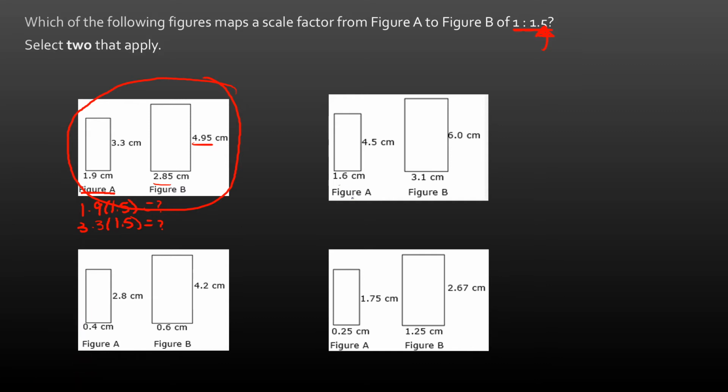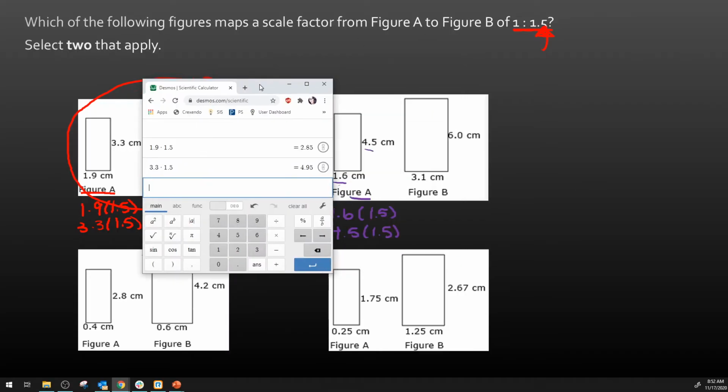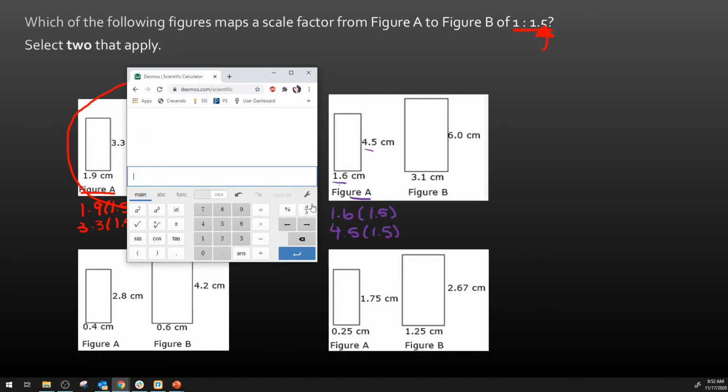So on the next one for figure A, I have this 1.6 and 4.5. So 1.6 times 1.5, 4.5 times 1.5. And bring back our calculator. So I have 1.6 times 1.5, 4.5 times 1.5.